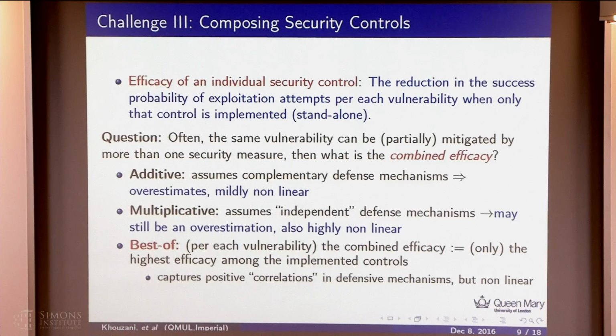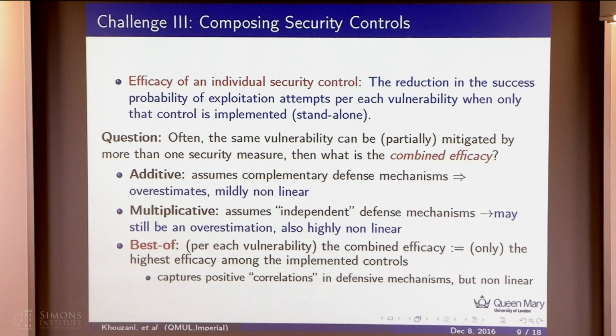Here is compositionality. We have a sort of mapping, if we take access control, crypto, pen testing, to say how much that control affects specific vulnerabilities. But then we have to combine them in a plan.